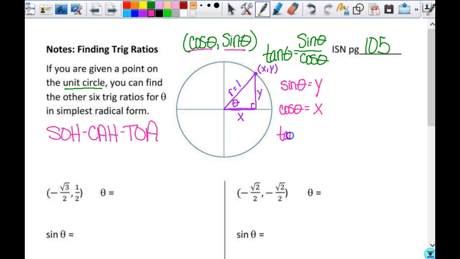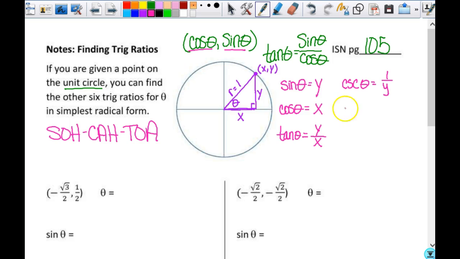Tangent theta, let me get this from a few different ways, because we should know that tangent theta is sine over cosine. So it's just y over x, but we also know that it's opposite over adjacent. So it's the opposite over the adjacent, which is y over x. Okay, so the reciprocal of sine is cosecant. That is 1 over y.